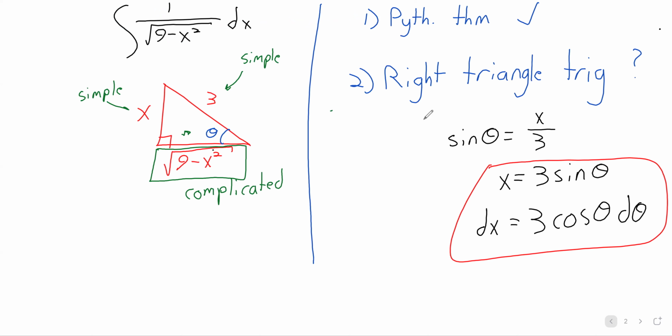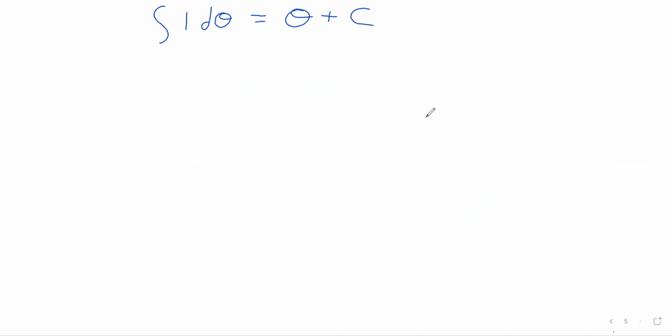Here, in this case, we're just going to take that equation and we're going to hit both sides with the arc sine. The sine of theta is x over 3. Theta is the arc sine of x over 3. Again, we're skipping some technical stuff under the rug.